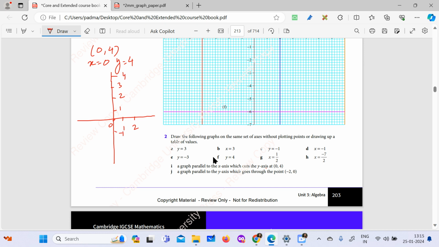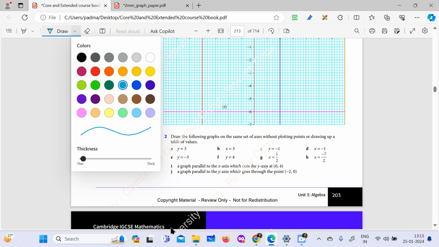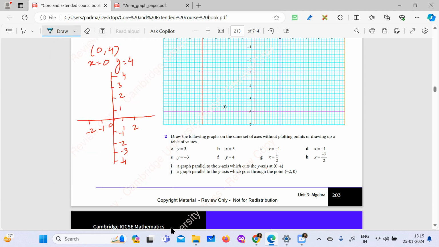And here you have minus 1, minus 2, minus 3, minus 4. Here we have minus 1, minus 2. It says a graph parallel to the x-axis, so our graph is going to be parallel to the x-axis at (0, 4). So where is (0, 4)? 0 on the x-axis and 4 on the y-axis. So I will draw a straight line like this. This is parallel to the x-axis, and we can also say that this is y is equal to 4.